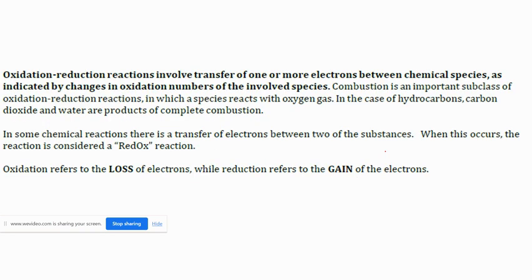All right. Oxidation reduction reactions. I told you we'd be getting into these. These are going to involve the transfer of one or more electrons. So acid-base are proton donors and acceptors. This is going to be transferring electrons now.